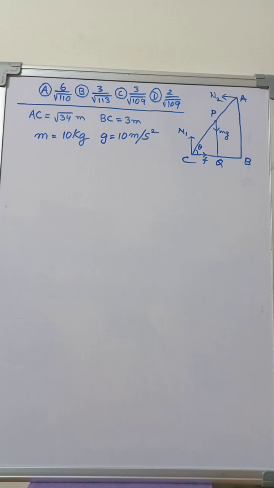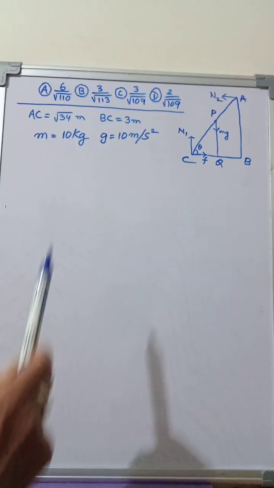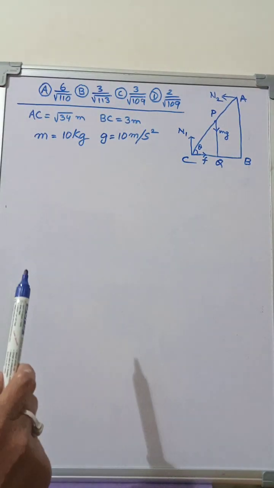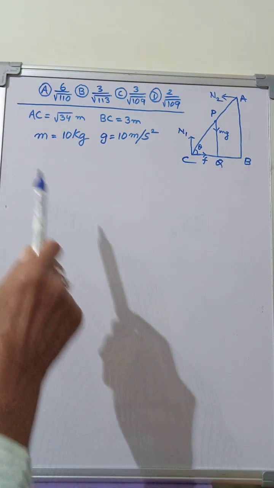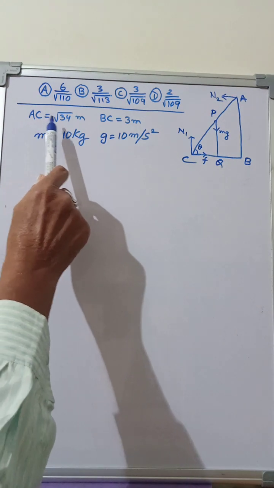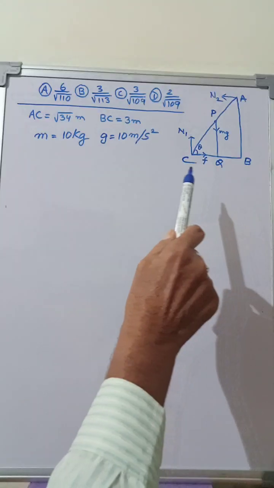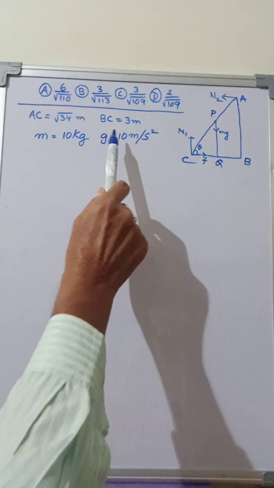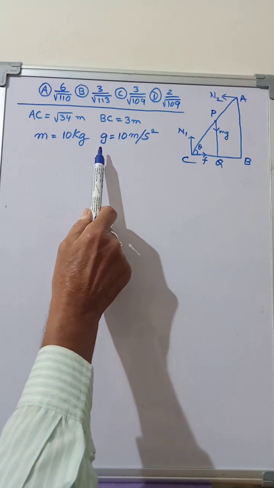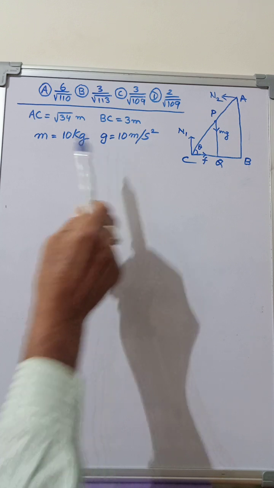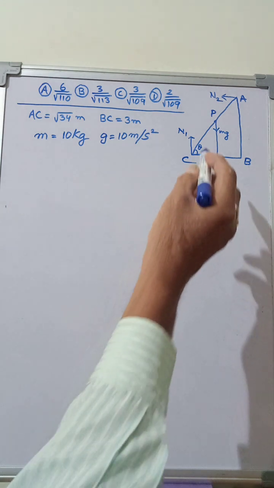Now for the solution. We have retained the options given in the question and also the data given in the question about the situation. Here the length of the ladder AC is equal to root 34 meters and BC is equal to 3 meters. Mass of the ladder is equal to 10 kg and acceleration due to gravity is equal to 10 meters per second square. Now let us find the length AB.